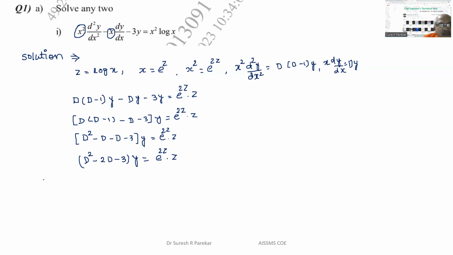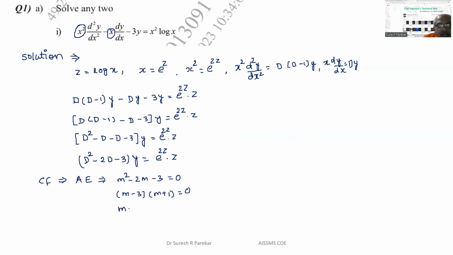Now we have to find the complementary function, and for that we write the auxiliary equation m square minus 2m minus 3 equal to 0. We get the roots as m minus 3 into m plus 1 equal to 0.